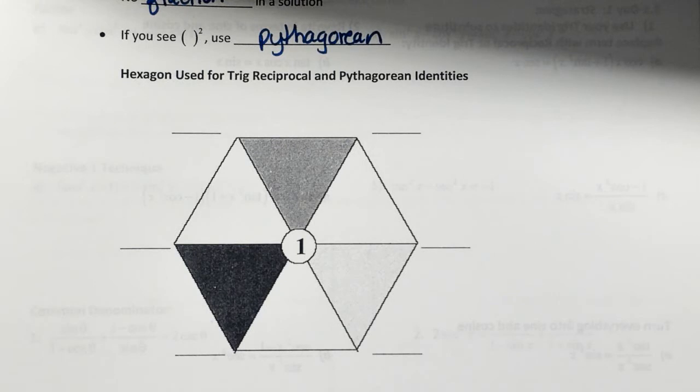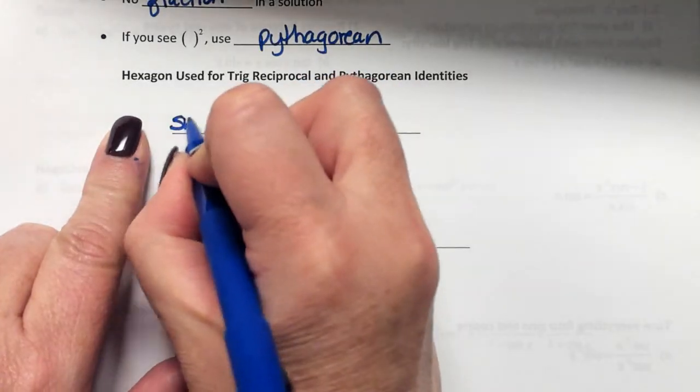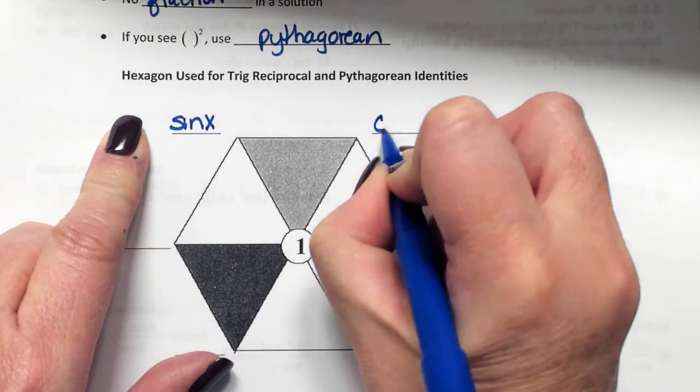I have a hexagon drawn here with a 1 in the middle. From this 1, I've drawn a segment from the center to each vertex of the hexagon. What I'm going to do is label, starting at the top, sine and cosine.